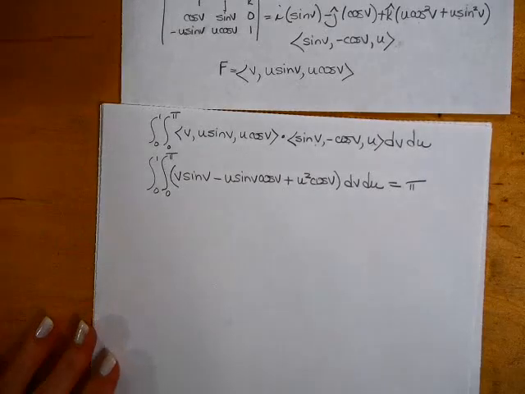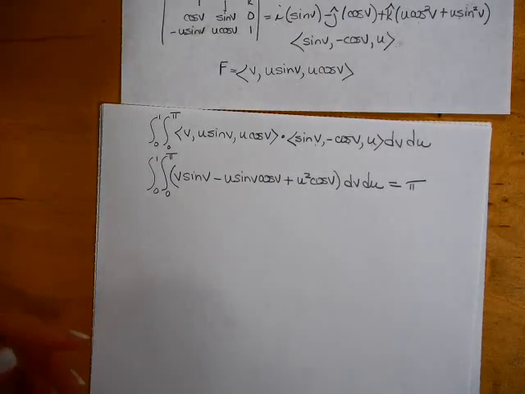I got pi. Y'all expected something a lot more complicated, didn't you? You didn't get pi? Make sure you put your times symbol when you're multiplying stuff. Well, if you have u's and v's, make sure you put du dv.